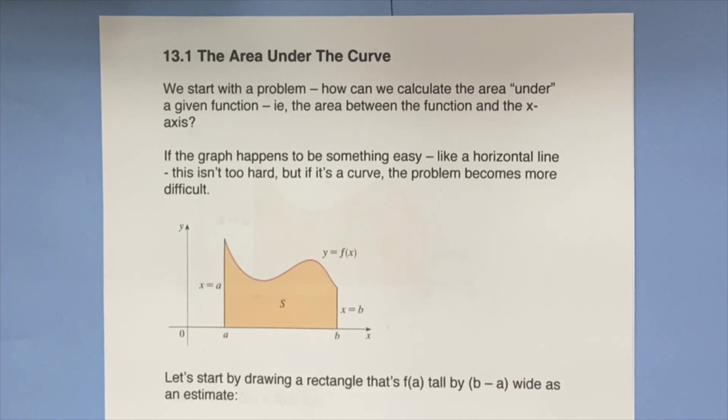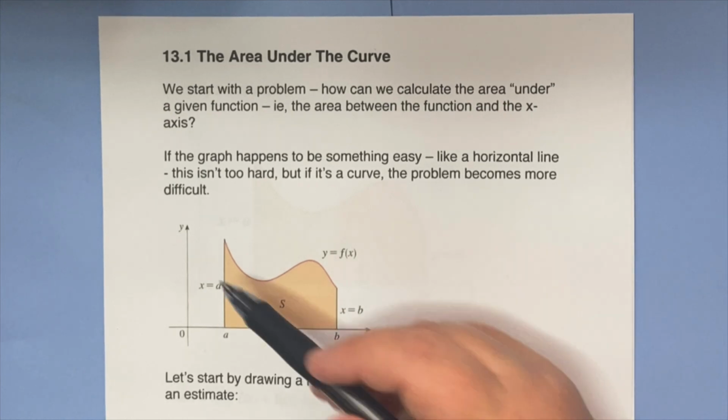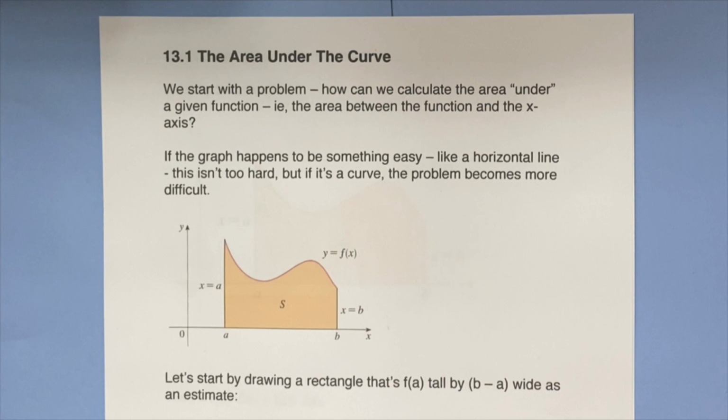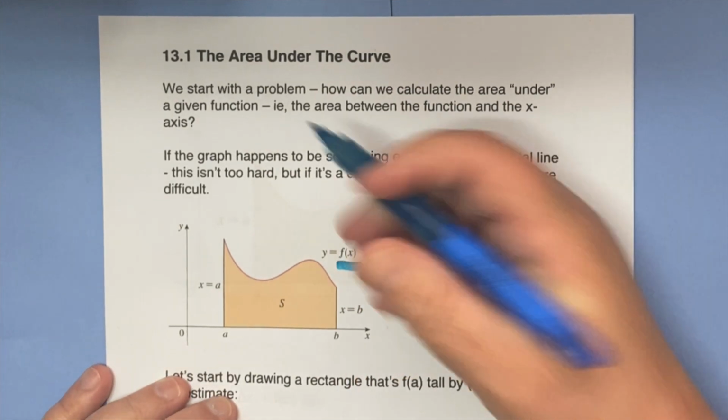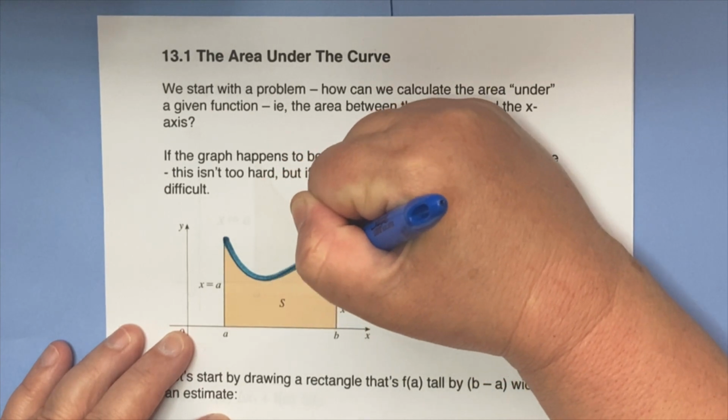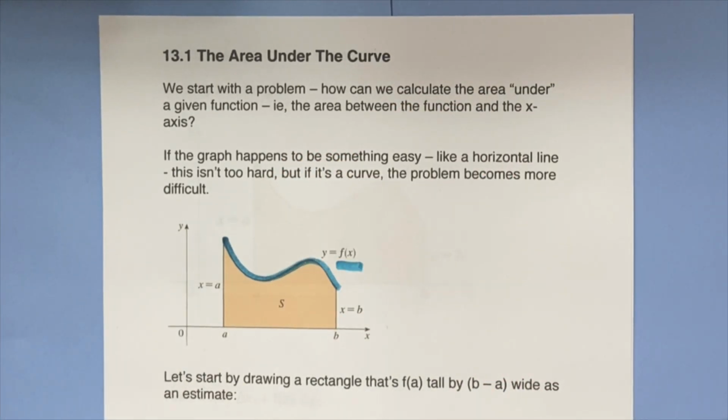But just for now, we're going to say, this is what we want to do, and let's see how to solve this interesting problem. So we've got a graph. Here's our function right there. The part that is f of x is just this piece right here. That's the curve.